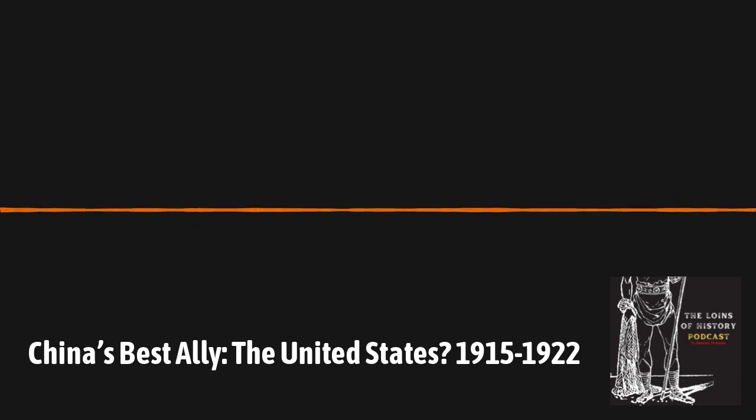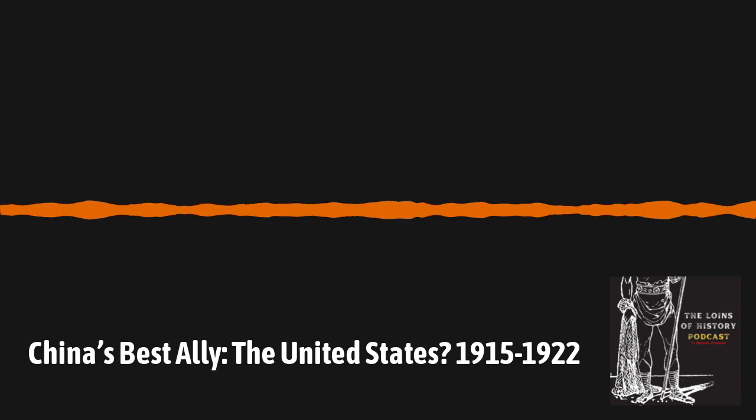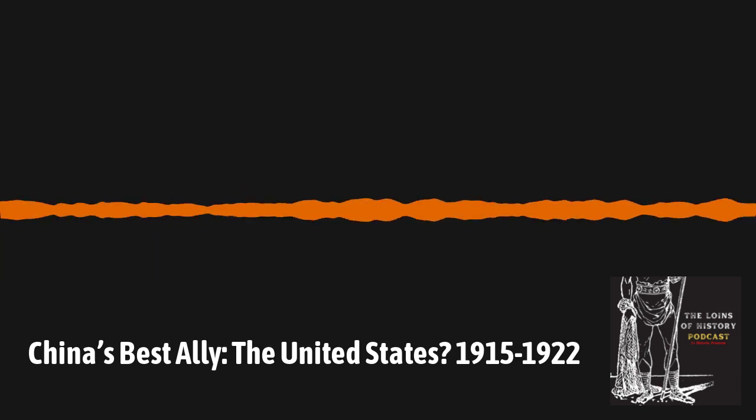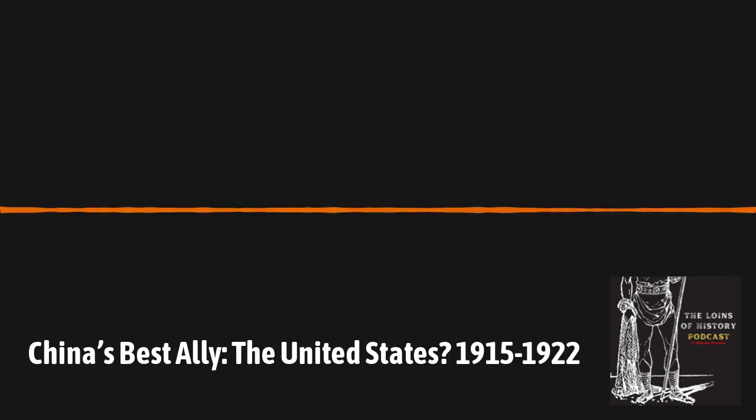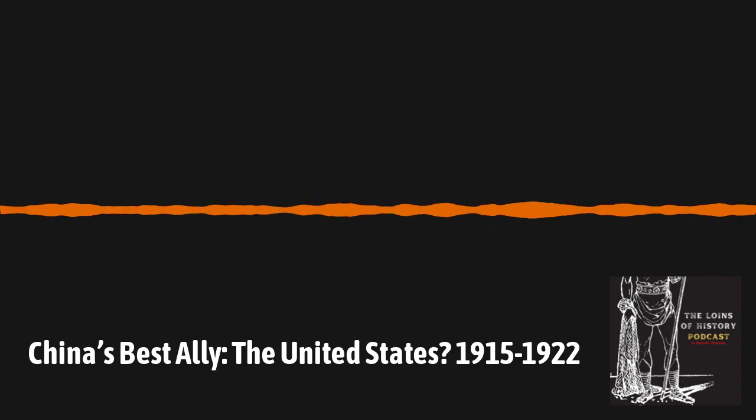So they had control over Shandong, much larger control in Manchuria, formally ceded Tsingtao to the Japanese, and the Japanese were like, hey, we're now the power that gets to have a huge say.